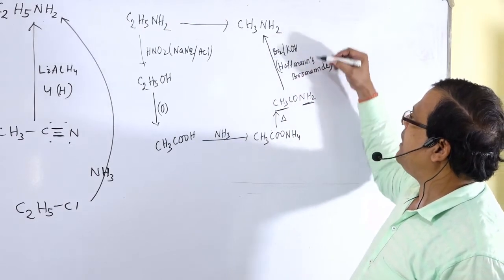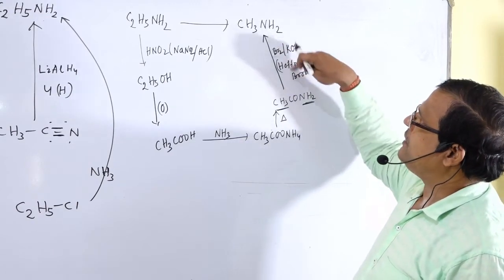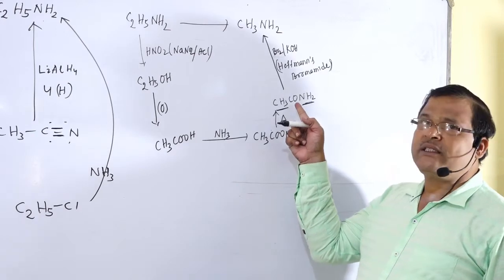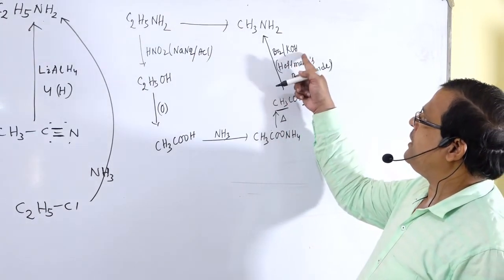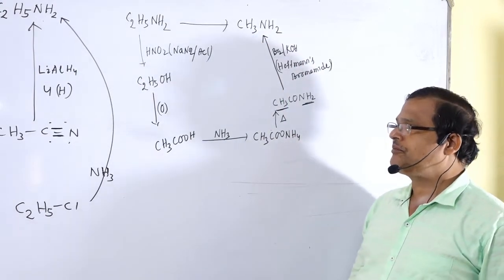We are not writing K2CO3, KBr, water, etc.; we are writing only the organic products. That is, acetamide CH3CONH2 treated with Br2 and KOH forms an amine with one carbon atom less.